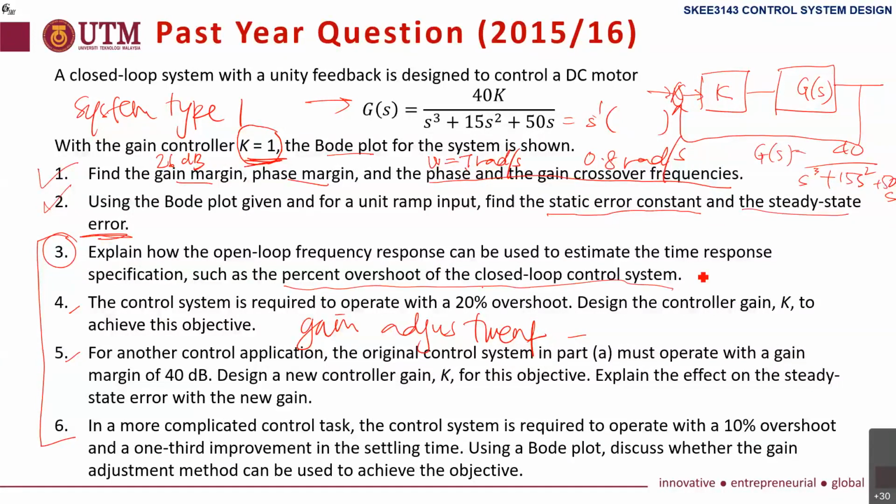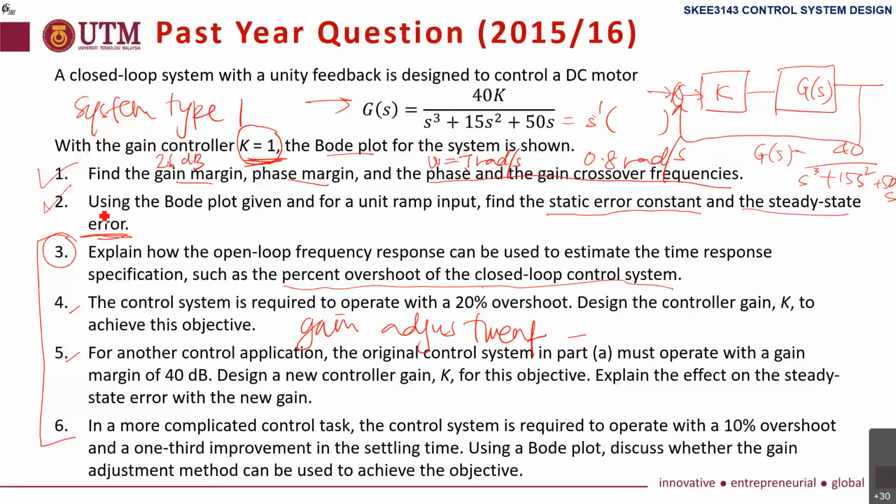We can relate, for example, phase margin with zeta, and also, of course, with percent overshoot. We can relate Bode plot with stability. We can relate Bode plot with time response, with the speed of the response. You can see notes before.